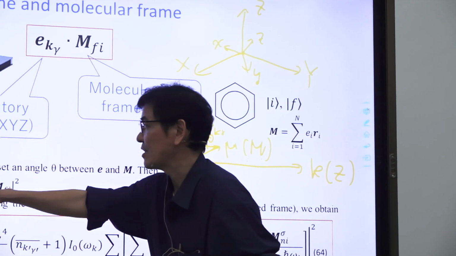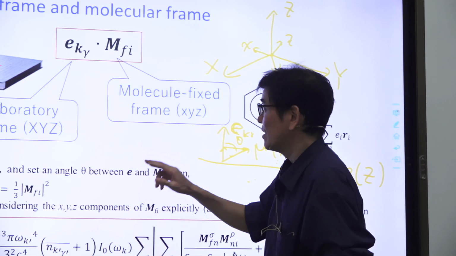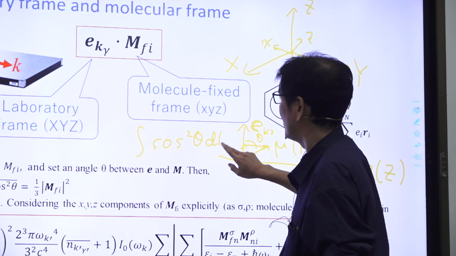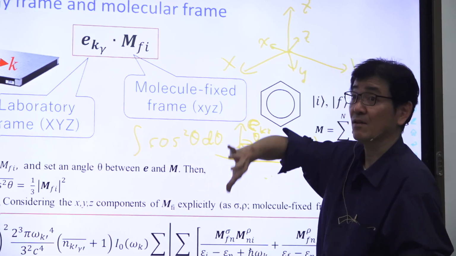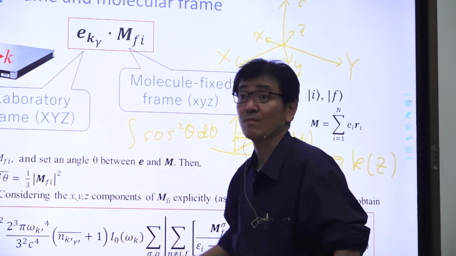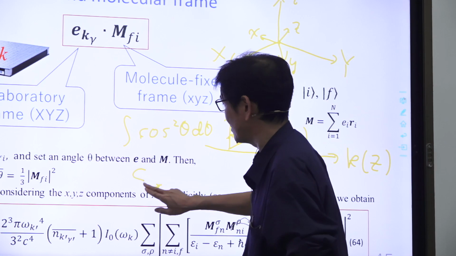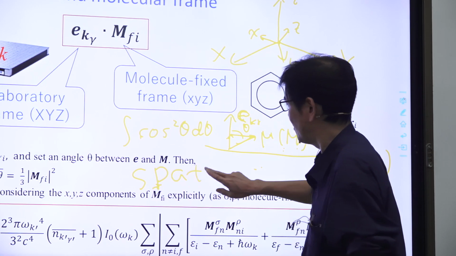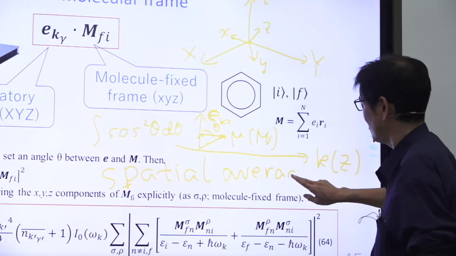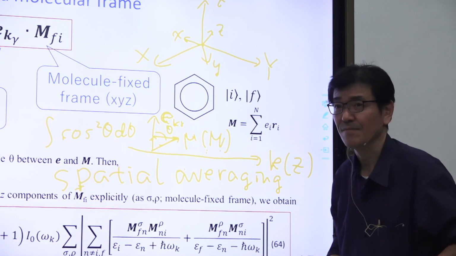So cosine theta is introduced here. It's squared, so cosine square theta is introduced here. And by integrating over all angle theta, it becomes 1/3. So this is a spatial averaging. That's it.